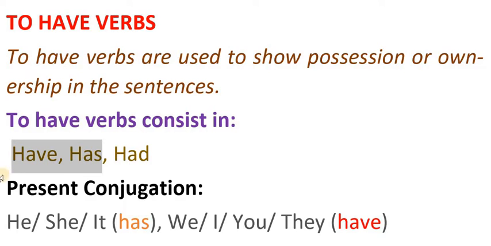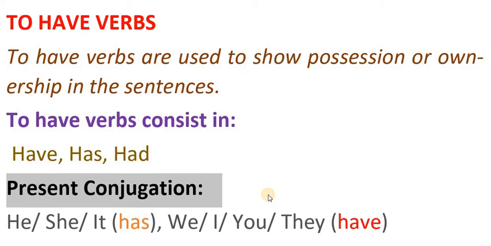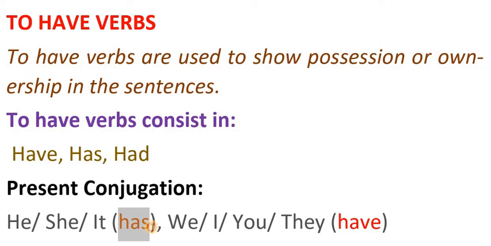So let's come down to the present conjugation. As I told you, have and has. As you can see, the first one I've written is has and the second is have. So for which subjects do we use has? Usually for a singular subject we use has. Example: he, she, it. These are those three singular subjects which are called third person singulars, and we can use another singular subject, for example John, Mark, Alex, or any other name.